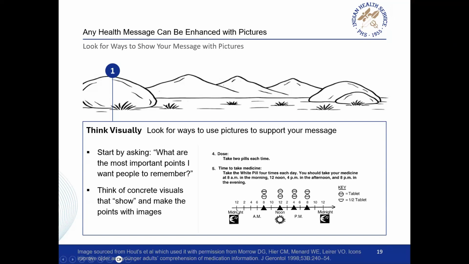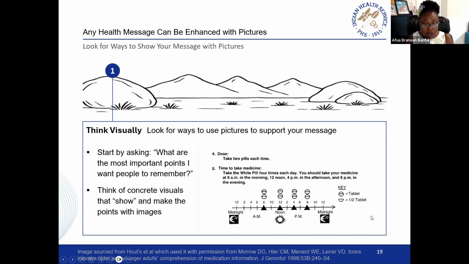It would almost be hard to not know that they want you to take 2 pills at 8 a.m., 2 pills at noon, 2 pills at 4, 2 pills at 8 p.m. This is putting the information in a way that is hard to misconstrue. And even better, there's also the information with the words. Take 2 pills each time. They've drawn the key: what a tablet is, half tablet. Time to take the medicine, right?